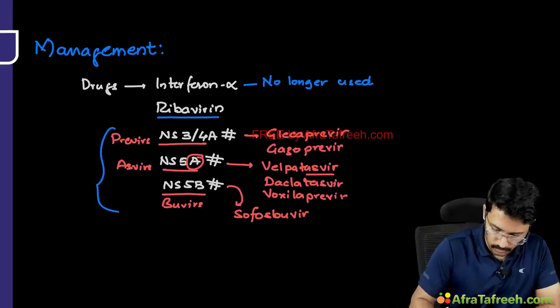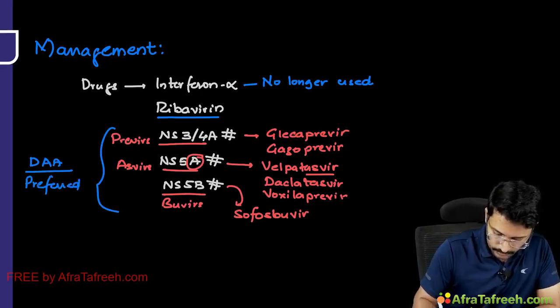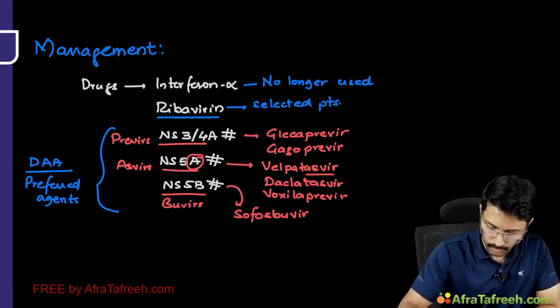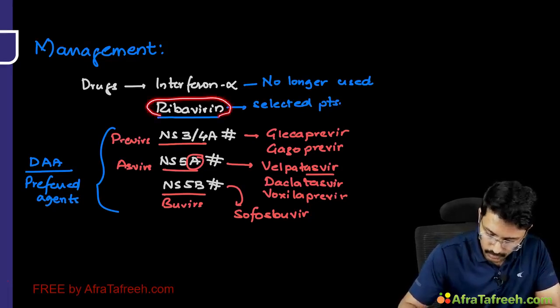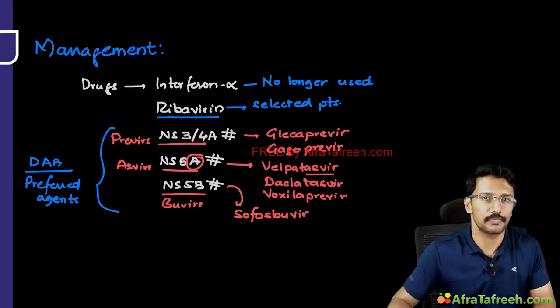These are the preferred agents. So collectively we call them direct acting antivirals, and these are the preferred agents, right? Ribavirin is used in selected patients today. Okay, there is a reason why, right? When we use ribavirin, it is an indefinite treatment.